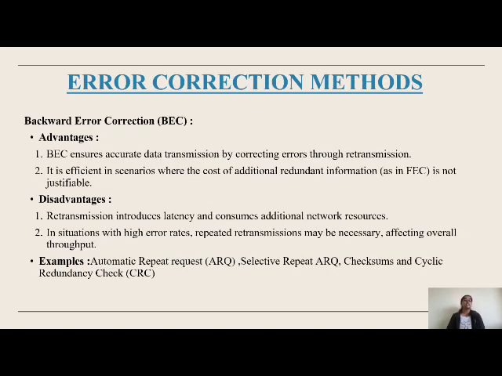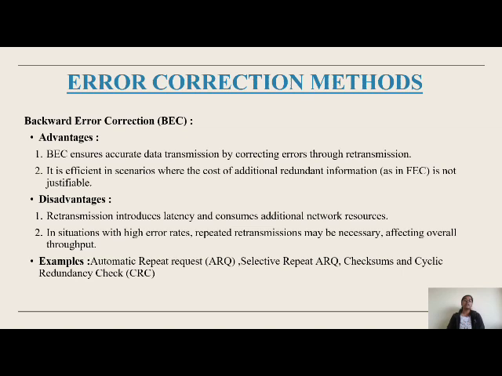Then backward error correction. Advantages are: BEC ensures accurate data transmission by correcting errors through retransmission. It is efficient in scenarios where the cost of additional redundant information is not justifiable. Then disadvantages are: retransmission introduces latency and consumes additional network resources.